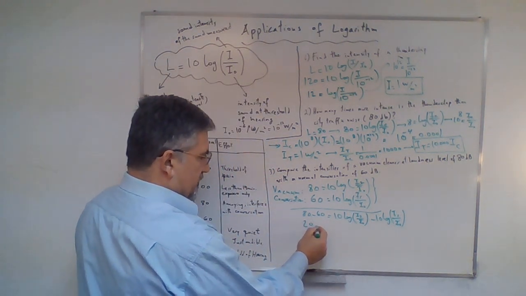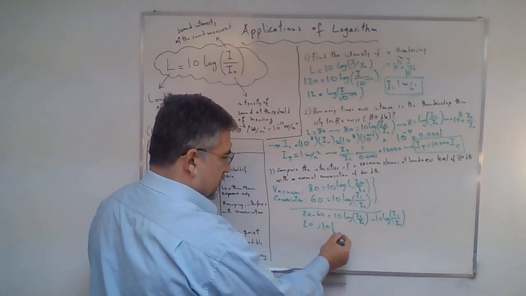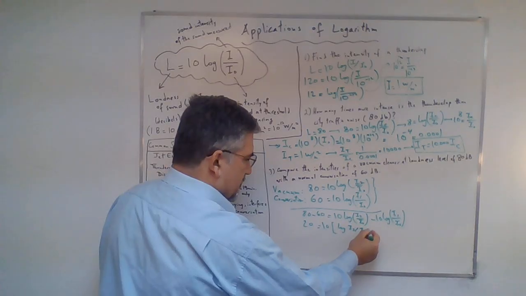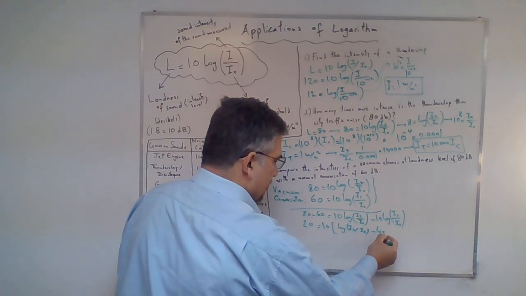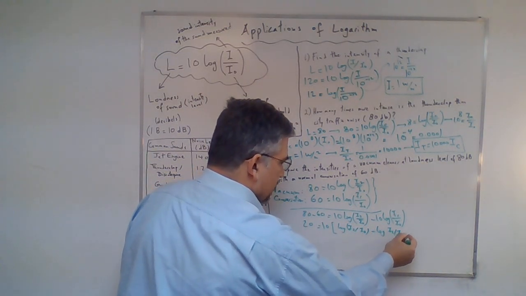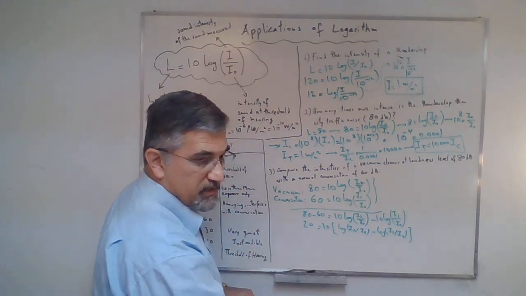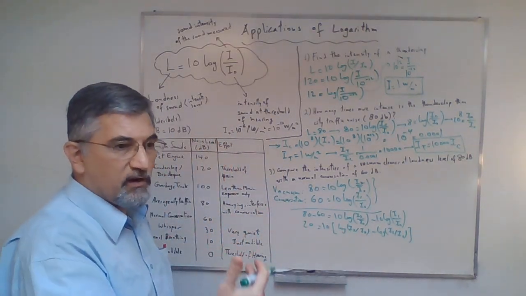So the left side is 20 clearly, and then we can factor 10 out. And then we end up with log of I2 over I sub 0 minus log of I1 over I sub 0. Now here what I see is difference of two logs, and this reminds me of the quotient law of logarithm.